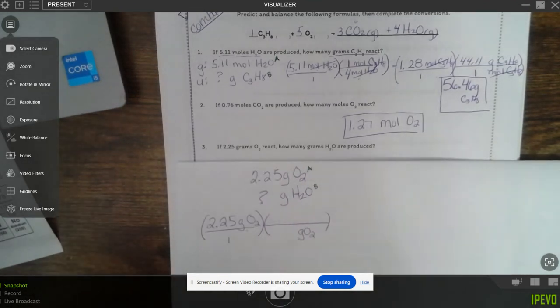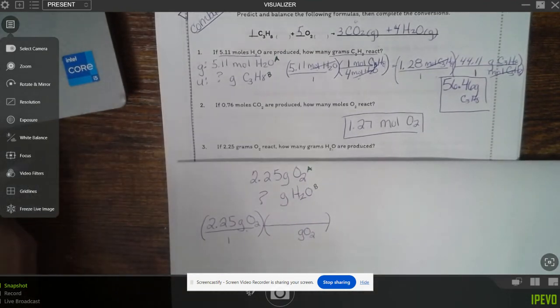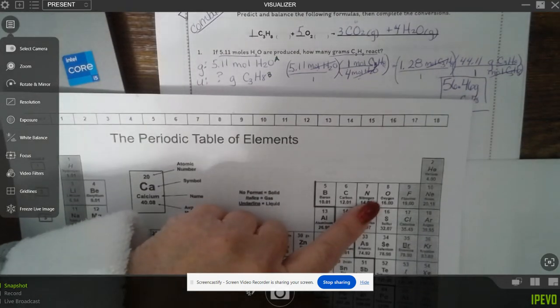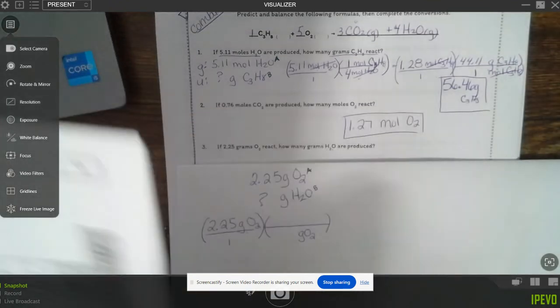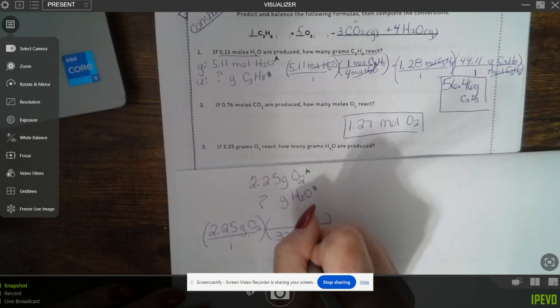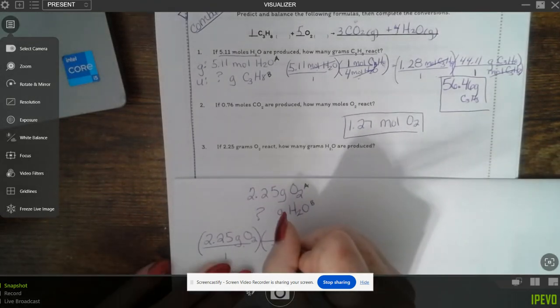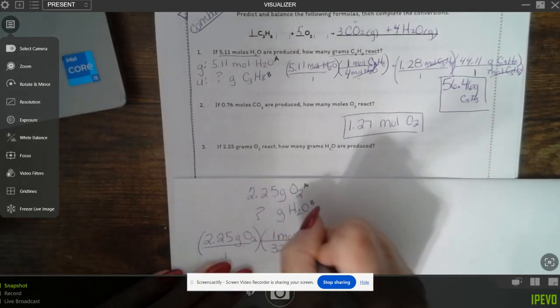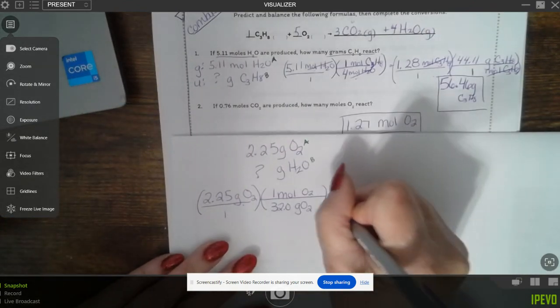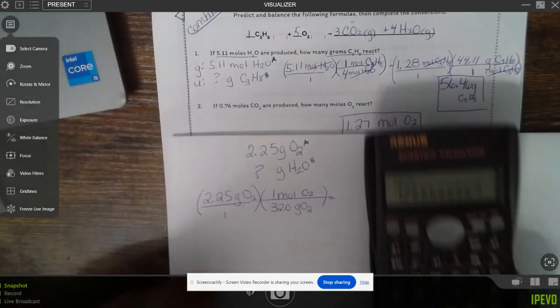So for grams, and this is really important, grams you always have to get from the periodic table. So oxygen has a molar mass of 16 grams. So 2 of those is 32 grams. Okay. And then on top is 1 mole of O2 because 1 mole of O2 has a mass of 32 grams. All right. So let's do that math.